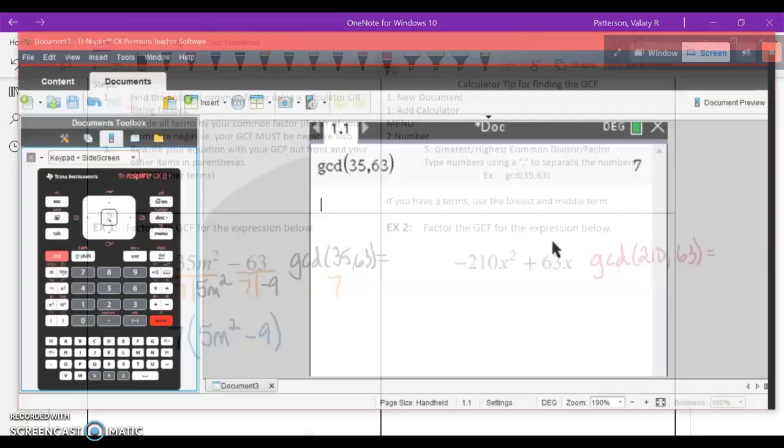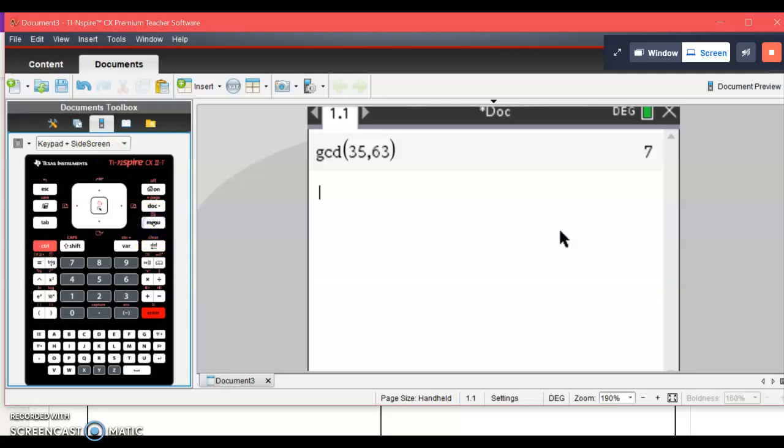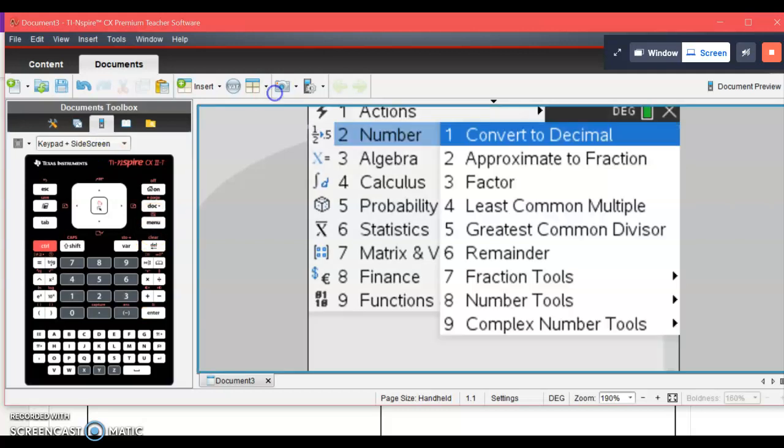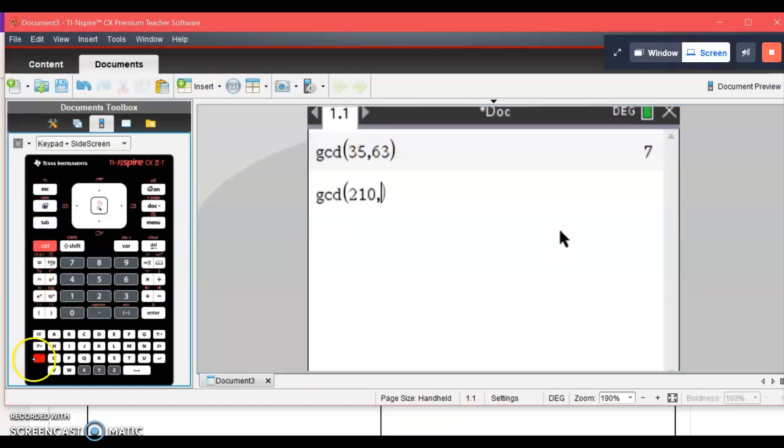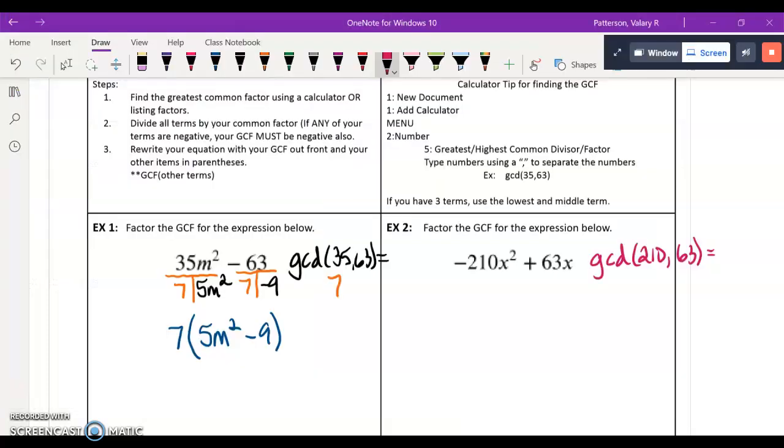Again, it's under menu, number, and greatest common divisor, option 5. And then we just put 210, comma, 63. And 21. Negative 21, because that's negative 210. So we need to divide both of those terms by our negative 21.